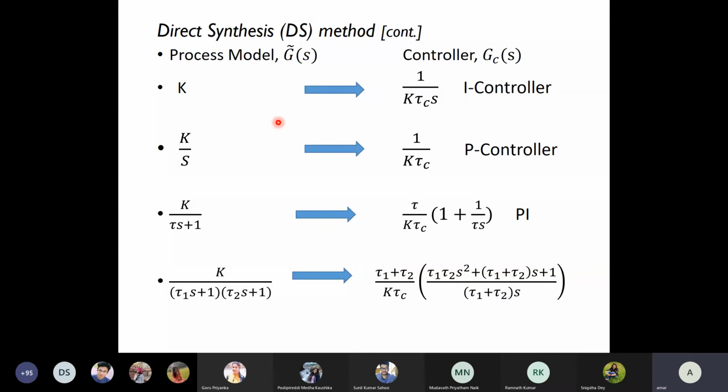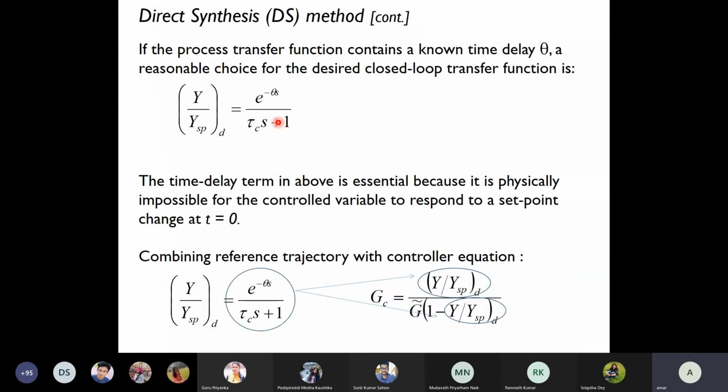So in that case, I have to incorporate the dead time also in the desired closed loop response.